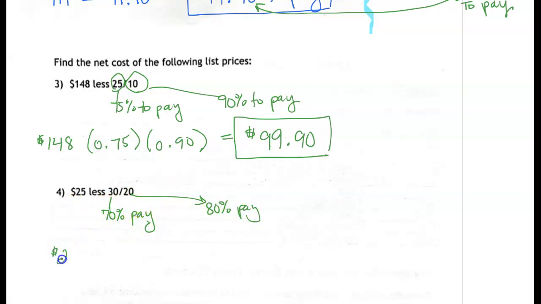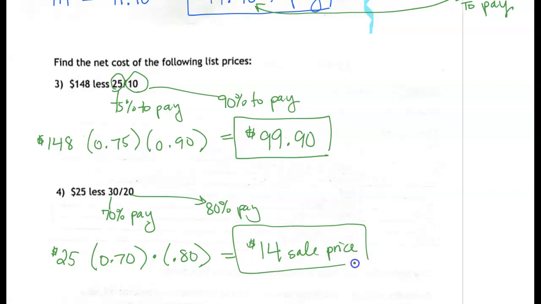Putting it all together, we're going to have the $25 list price of the item, changing each one of these to their decimal equivalent, 0.70 and 0.80, multiplying all together, our cost or our sale price is going to be $14.